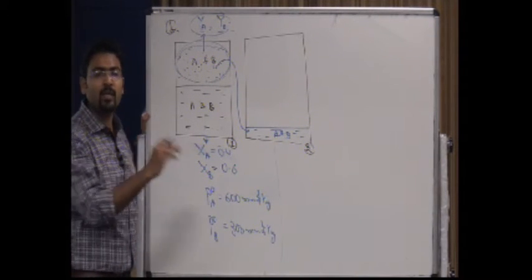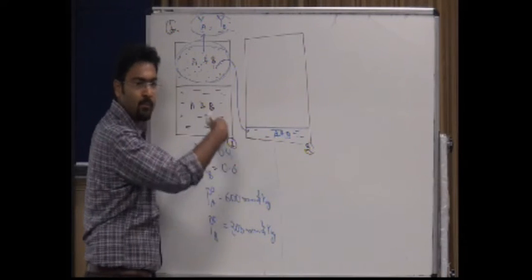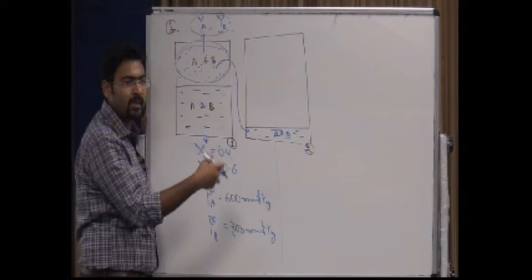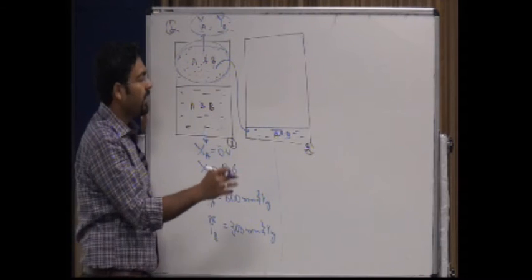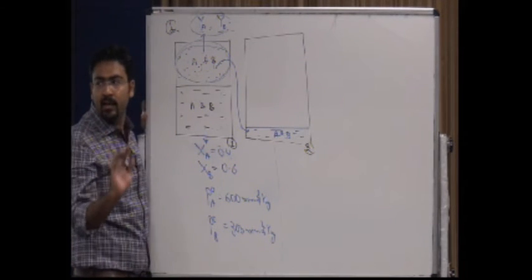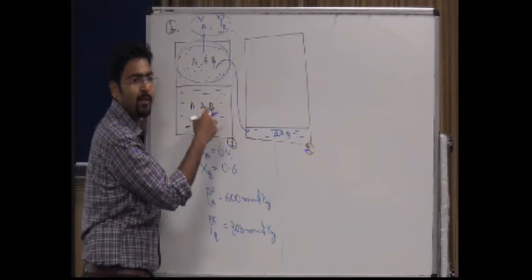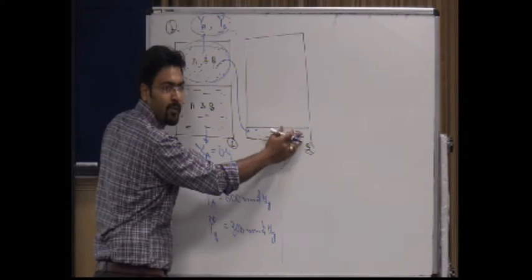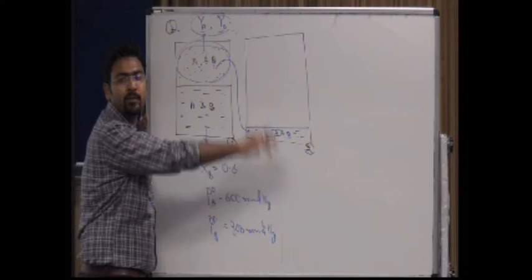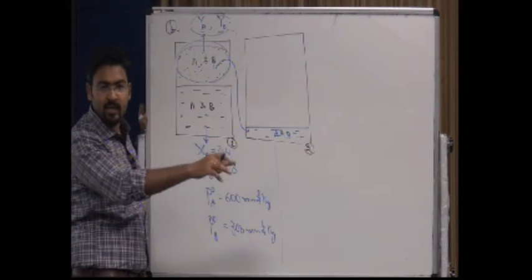Initially, what I've done is I've taken these vapors, condensed them, made them become a liquid, and then left the container at normal conditions, which are identical to this one. For example, it is at 50 degrees Celsius, it is also at 50 degrees Celsius, it's at 1 atm, it's 1 atm, whatever. So there are identical conditions here.